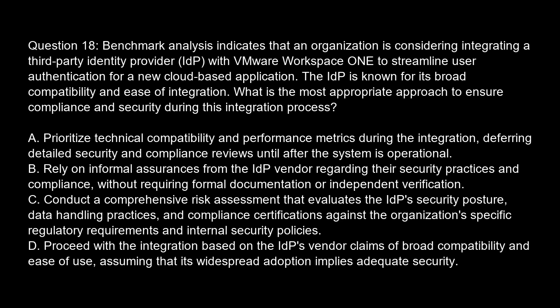Option C. Conduct a comprehensive risk assessment that evaluates the IDP's security posture, data handling practices, and compliance certifications against the organization's specific regulatory requirements and internal security policies. Option D. Proceed with the integration based on the IDP's vendor claims of broad compatibility and ease of use, assuming that its widespread adoption implies adequate security.